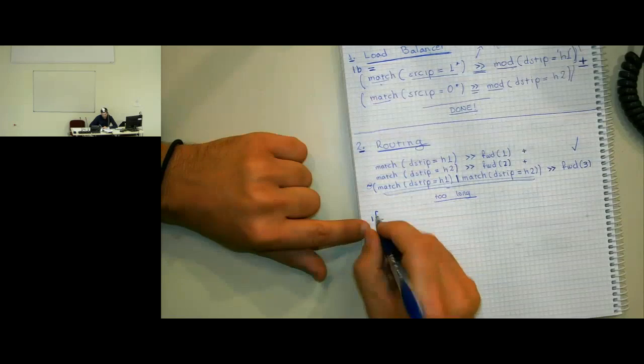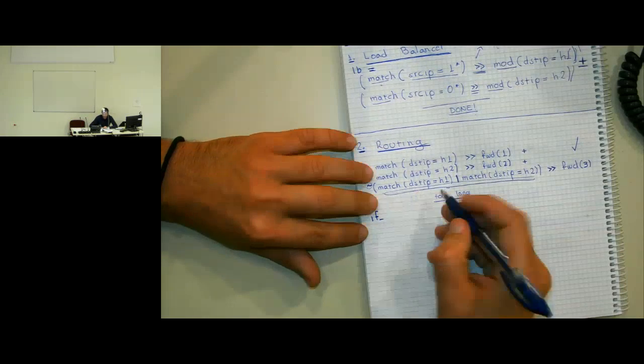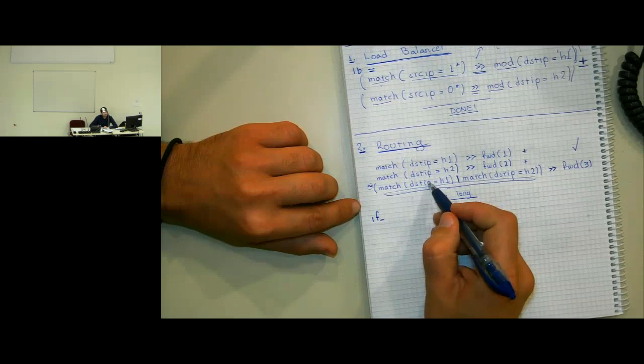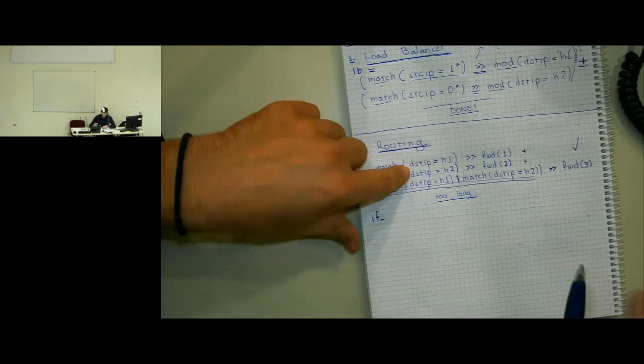It is written like you see here with an underscore. And let's write now the same thing with the if operator, and we will have two if statements nested, the one inside the other, to do the same thing here.